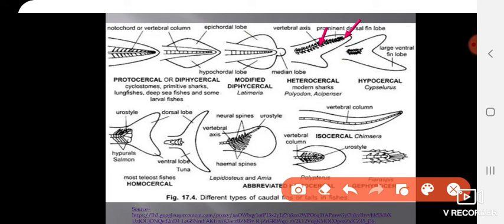The vertebral column bends upward and extends up to the tip. Such a type of tail is called a heterocercal tail. It means the lobes are unequal. The upper side epicaudal is larger than the hypocaudal, which is smaller.